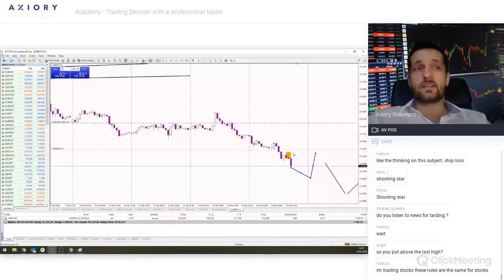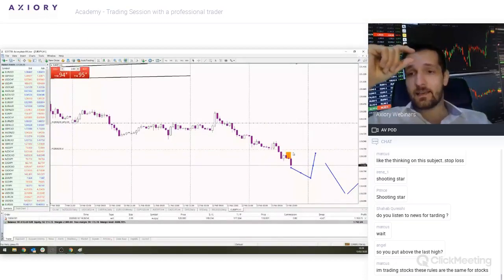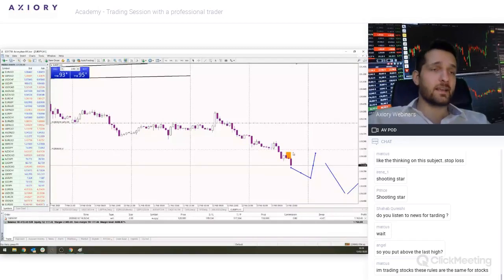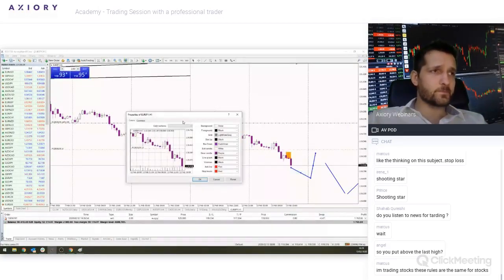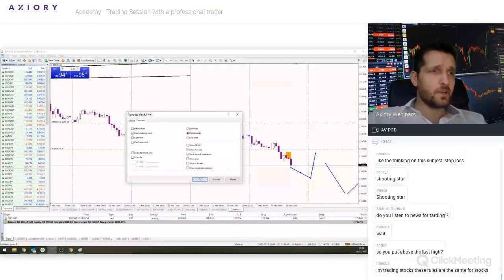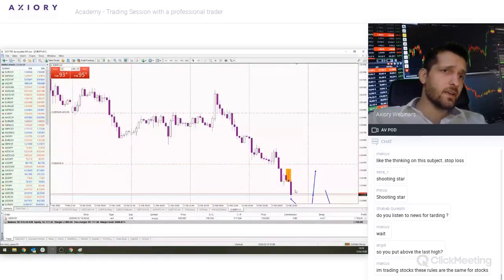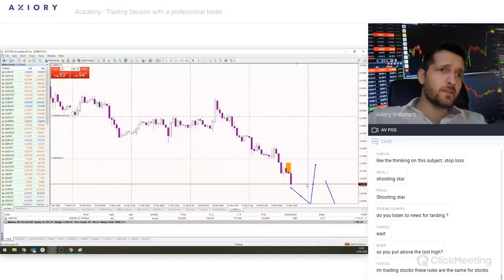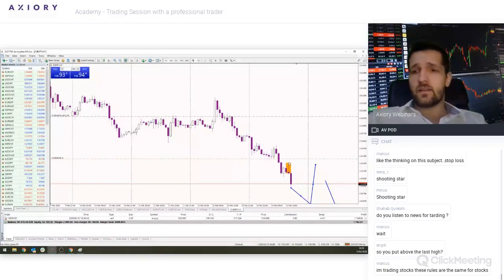And another thing is the spread: you need to make space for the ask line, because this position will be closed not by the bid line, it will be closed by the ask line. Properties, common, show ask line. As you can see, this trade will be closed by the red line, not by the black line. So you need to leave room for this.